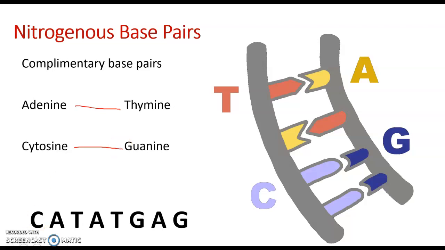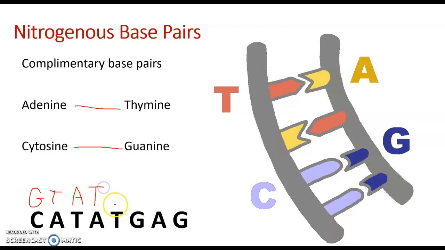So if we look at this sequence of nucleotides where C stands for cytosine, we know that on the complementary strand, we're going to see a guanine. A standing for adenine, we know that the complementary strand is going to have a thymine. When you see a thymine on one strand, you know the complementary strand is going to hold an adenine.